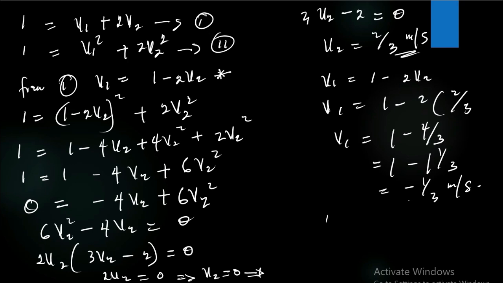So in expecting my balls, while my 10 kg ball moved in the positive direction with v2 with a speed of 2 over 3 meters per second, my first ball, the 5 kg ball, will move in the opposite direction with v1, which is 1 over 3 meters per second.